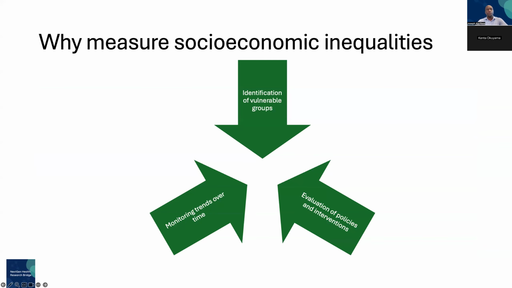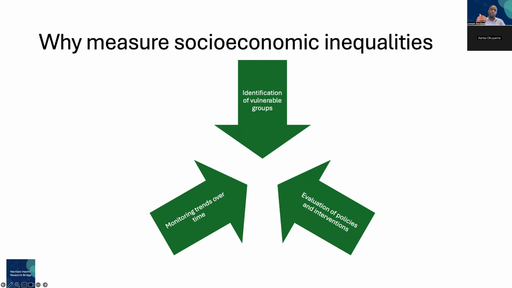So the reasons for measurement of socioeconomic inequalities: we need to identify those that are probably benefiting from the society more. But then the most important part are those that are left out, the vulnerable groups who are losing out. So yes, who is benefiting more? That is okay in some cases, but the most important part in terms of health, we need to leave no one behind.